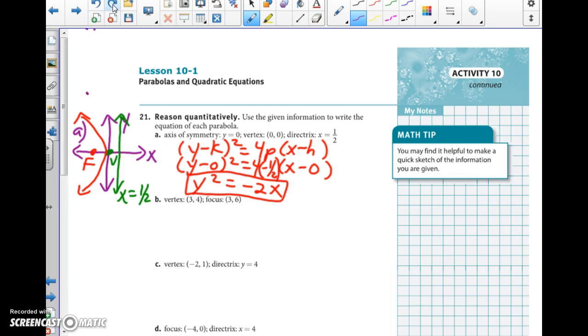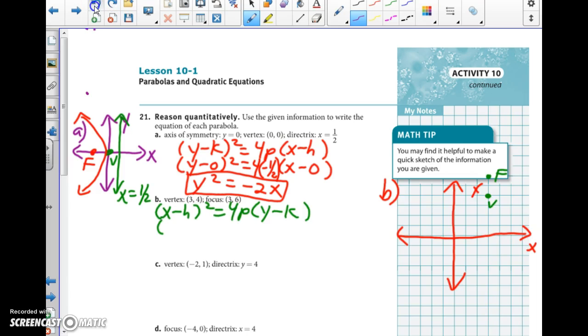Then the question becomes, what's your P? Not 1/2, -1/2, that's what you're seeing, -1/2 for my P. And here's my vertex at 0 for K and 0 for H. So here we go, put in the top equation.